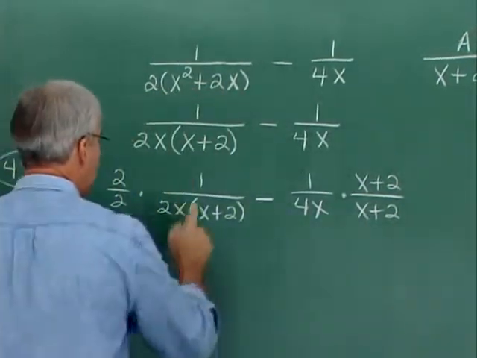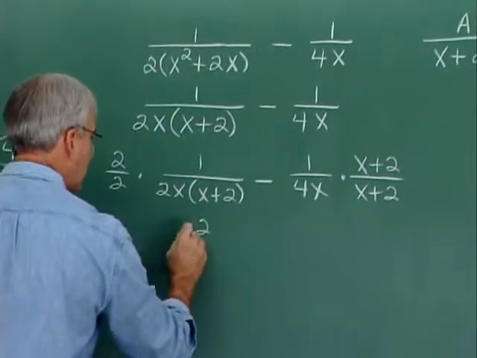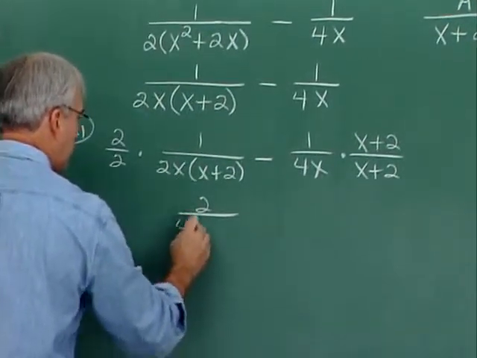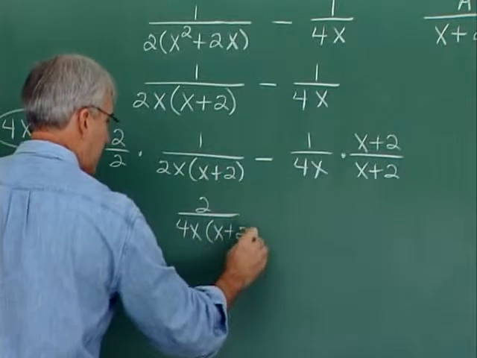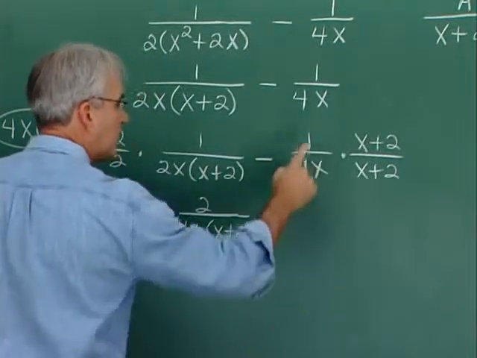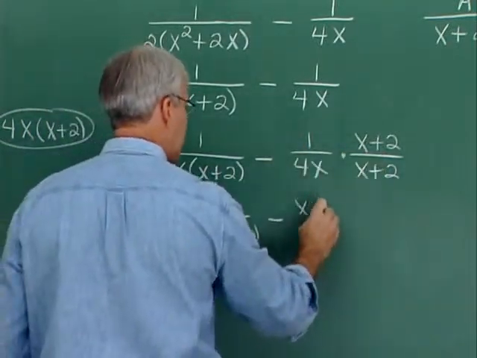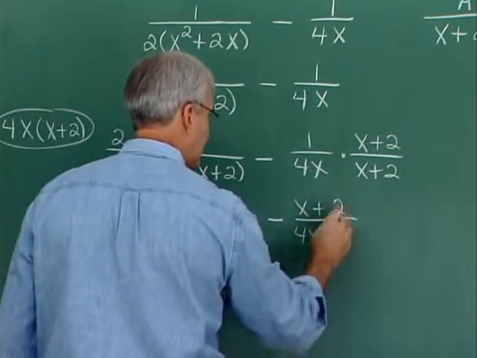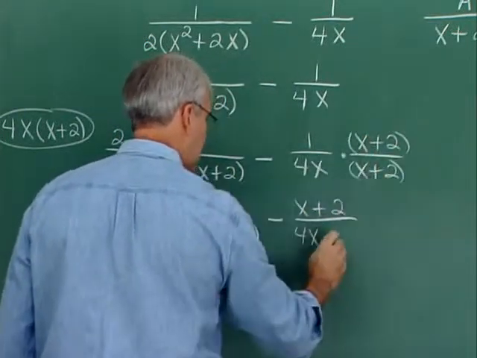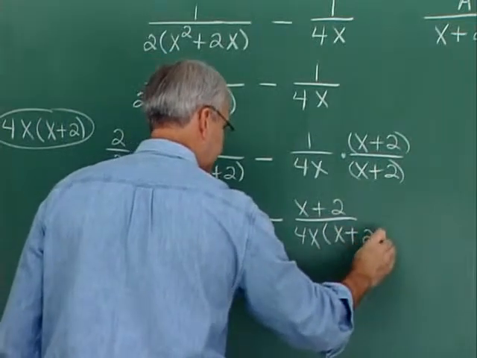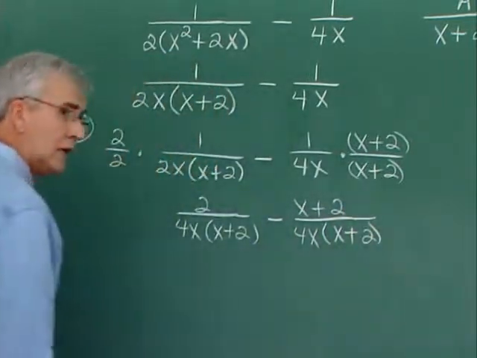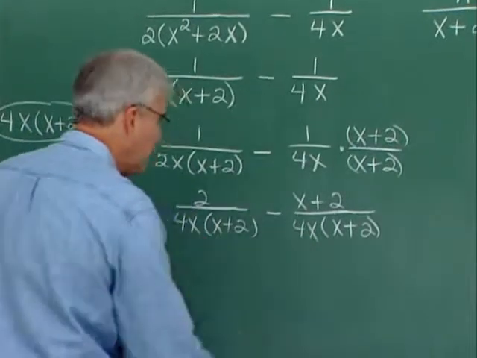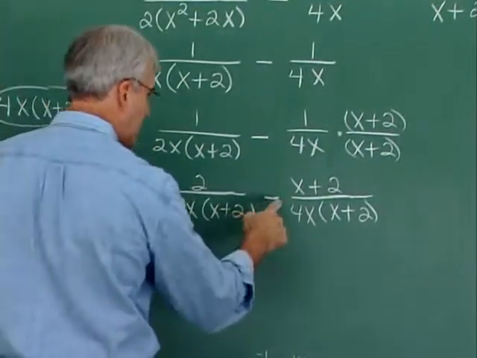And now, let's see, for this one we have 2 over the common denominator, 4x times x plus 2. And in this one, 1 times x plus 2 is x plus 2, and the common denominator, 4x times x plus 2. And now we're bringing the two numerators together. Be careful because of this.